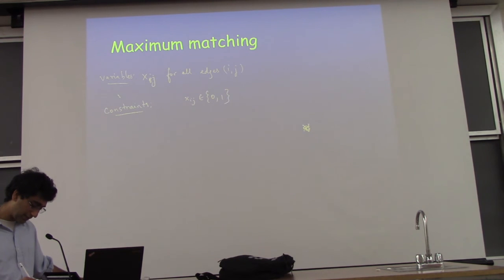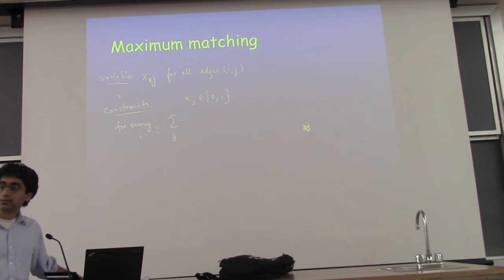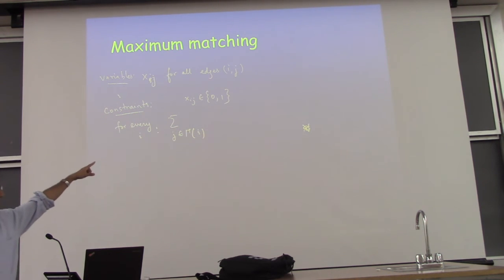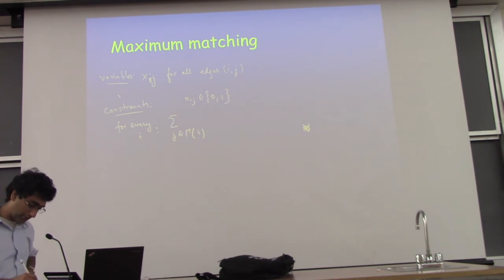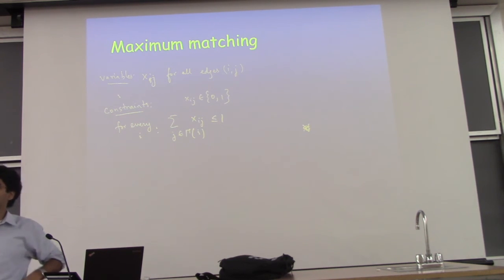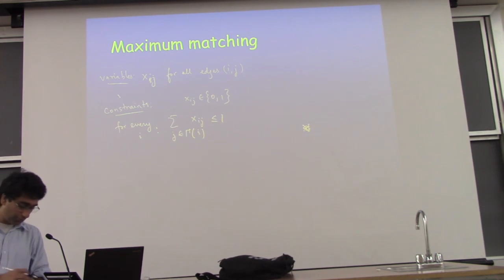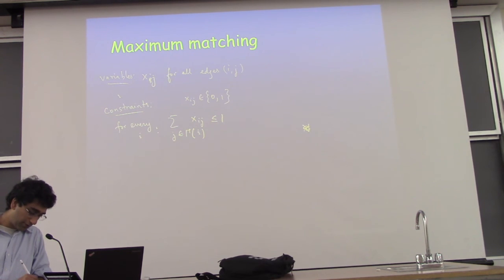And then for every vertex i, you have the sum over j in the neighborhood of i. Gamma of i is the standard symbol in graphs which denotes the neighborhood of i. So the sum over j in gamma of i of xij is less than or equal to 1. This is true for both the left side and the right side, for every vertex.